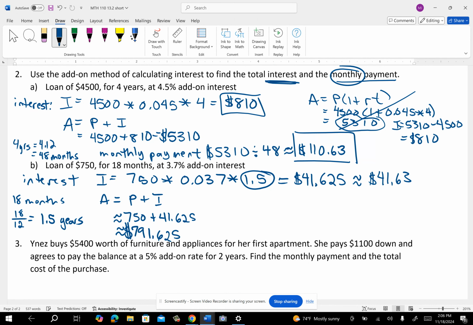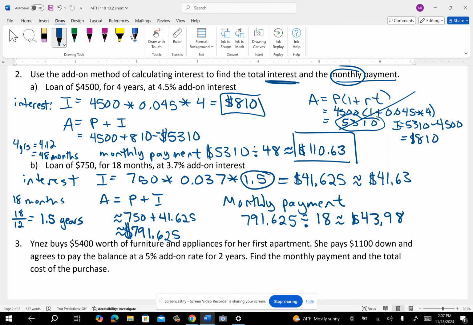And then I would take, when I'm calculating my monthly payment, I would take that total amount to be repaid and I would divide it by the number of months, which I'm going back to the 18 to do that. And that's about $43.98.